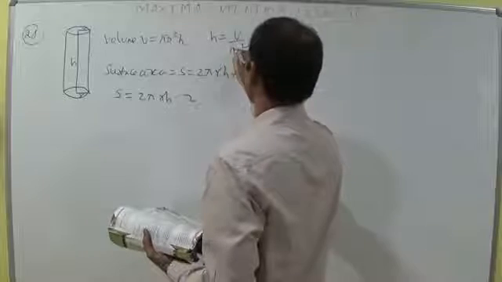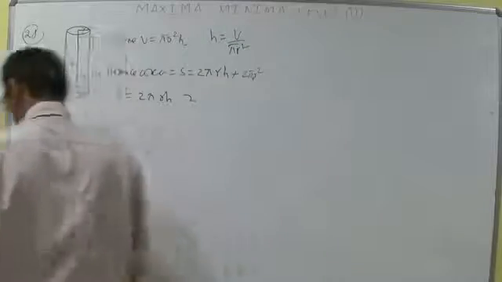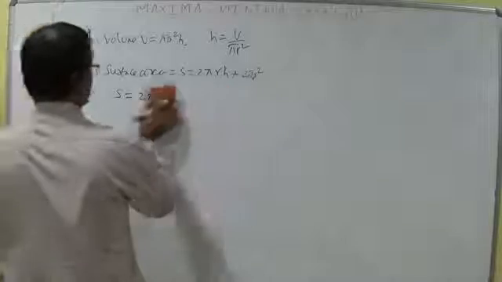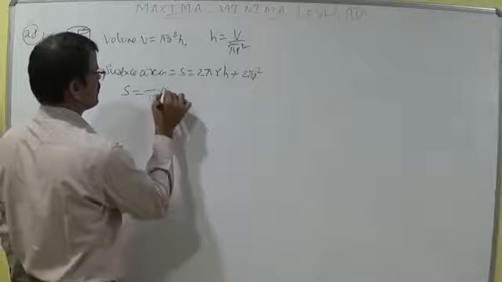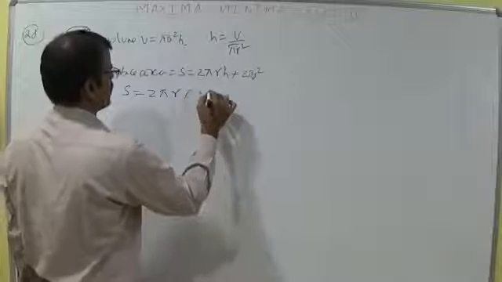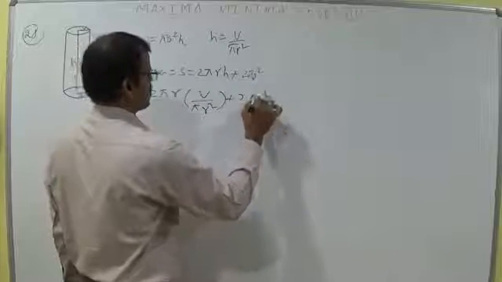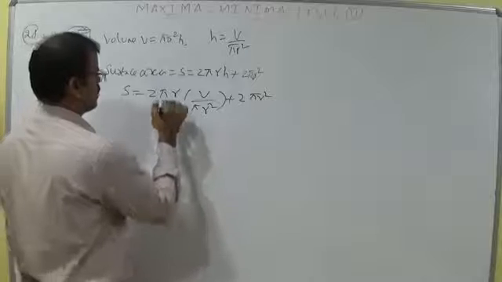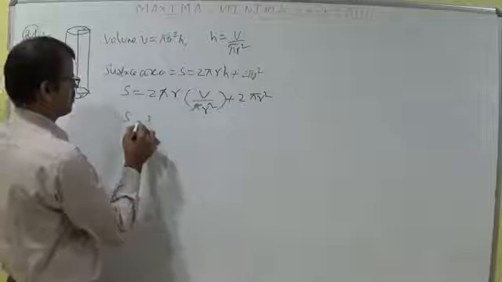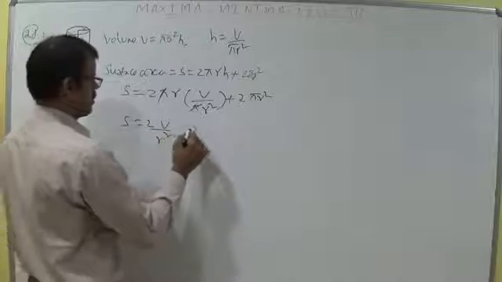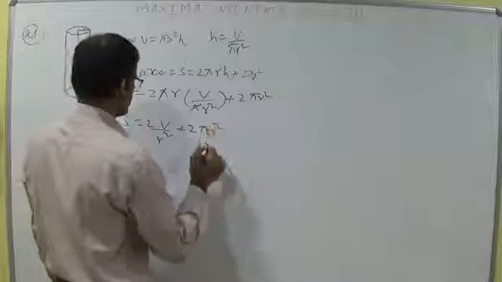If we write here, instead of h, V by pi r square, S is equal to 2 pi r into V by pi r square, plus 2 pi r square. Pi and pi get cancelled. S is equal to 2V by r square plus 2 pi r square.